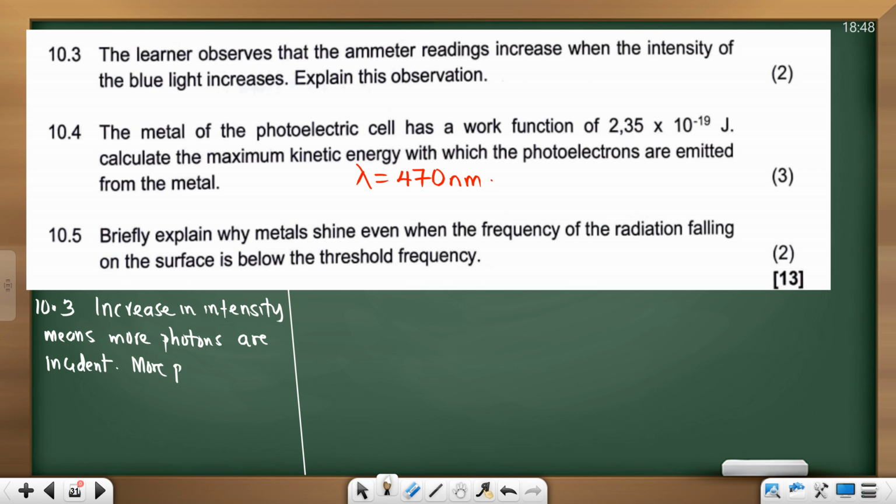More photons will eject more electrons per unit time. Please, this is important. Current is measured per unit time. So if that's not there, we're going to have a problem. Don't just say more electrons. It is more electrons per unit time because we are measuring current.